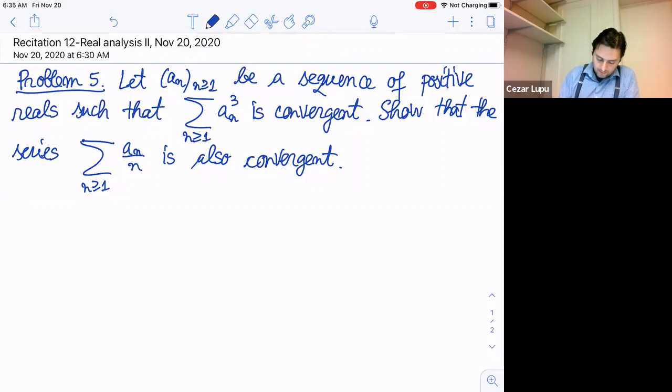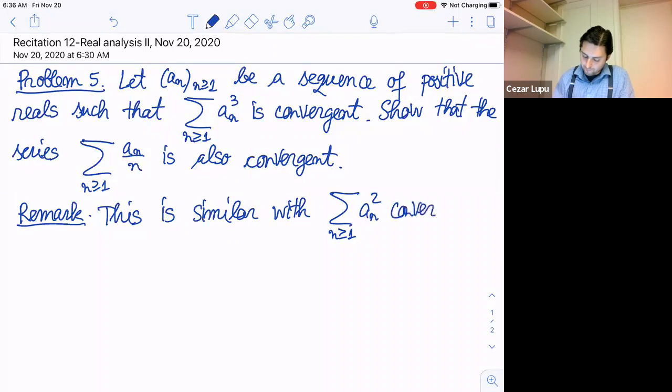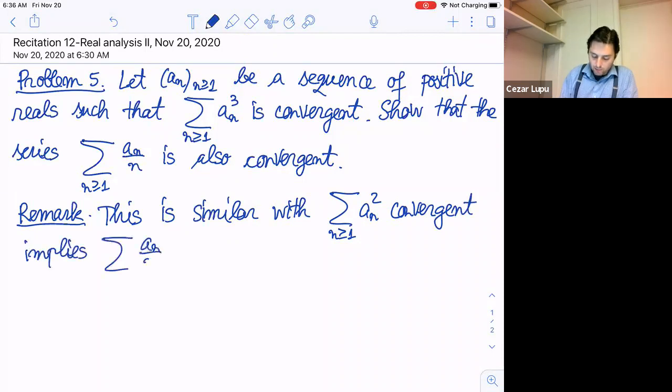Let me point out a remark before I start solving the problem. This is similar to the problem where the series of a_n squared being convergent implies that the series of a_n over n is also convergent.